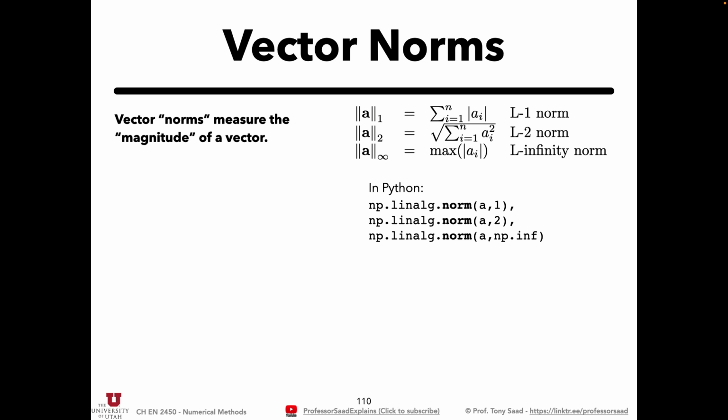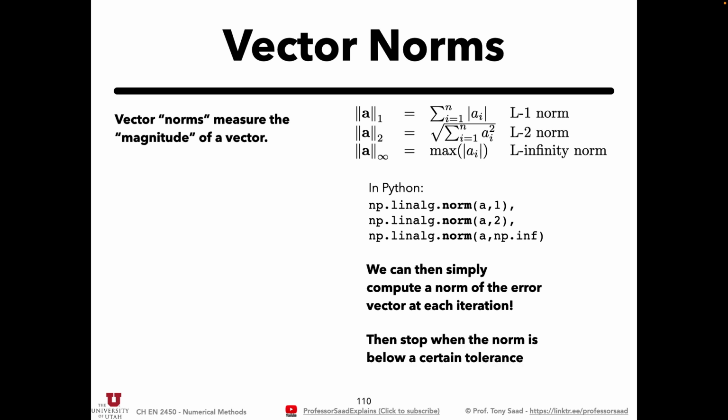You give it your vector, or the error array in this case, and you choose one of the norms, 1, 2, or infinity. And it doesn't matter which one you choose, as long as you are clear about it. I personally really like the L2 norm, or the Pythagorean norm. And then you can simply compute the norm of the error at each iteration and then stop when that error is below a certain tolerance.